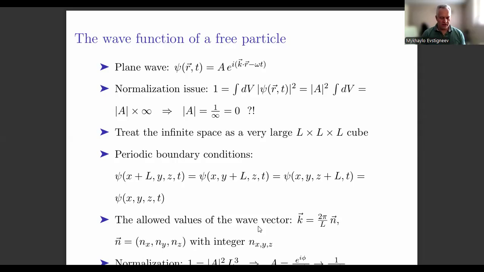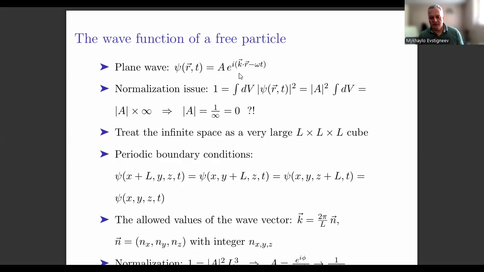So in order to get a position independent probability density, we combine cos and sine of kr minus omega t using Euler's formula. Remember that exponential to the power i theta is cos theta plus i sine theta. So the expected plane wave solution of the Schrödinger's equation, which we will construct today, is exponential to the power i (kr minus omega t), multiplied with some constant A, which is the normalization constant of the wave function.